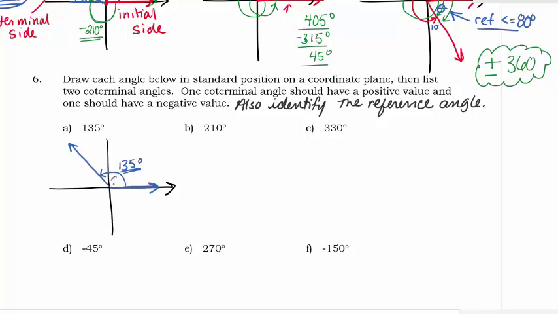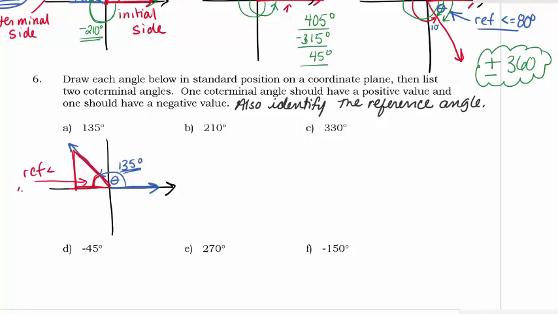This is my 135-degree angle. This is my theta. However, we can't use that angle to calculate sine, cosine, and tangent. We need this reference angle. That reference angle is the gap, and that reference angle happens to be a 45-degree angle. So again, if you use that reference angle, then you've got your nice right triangle that you can use for your trig ratio.